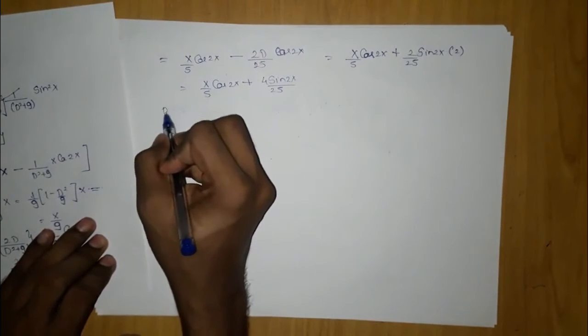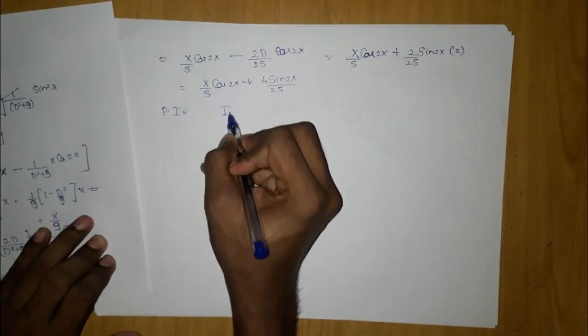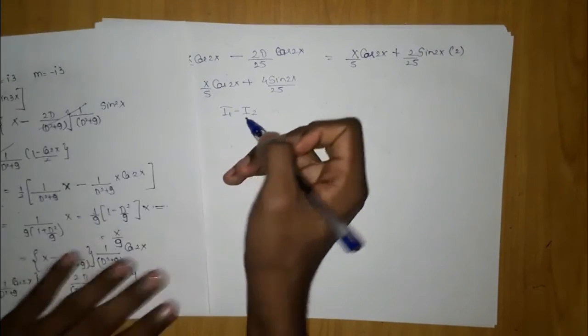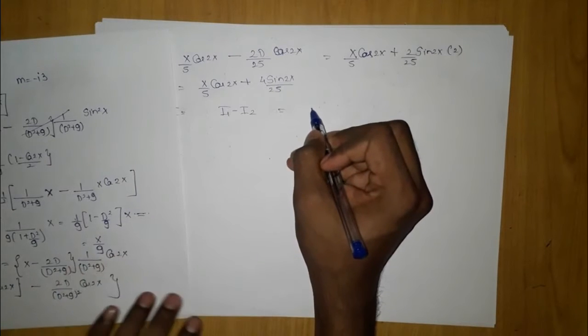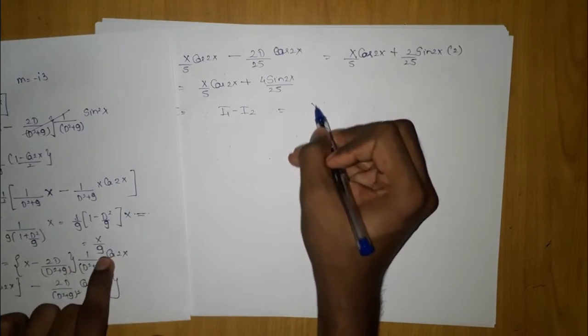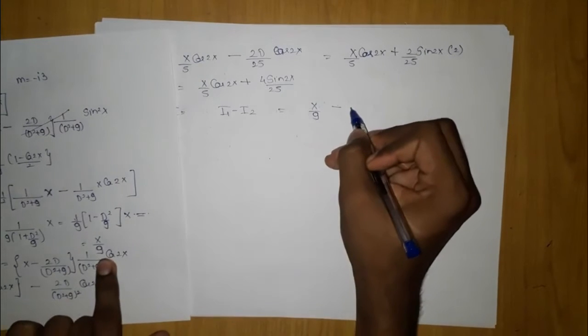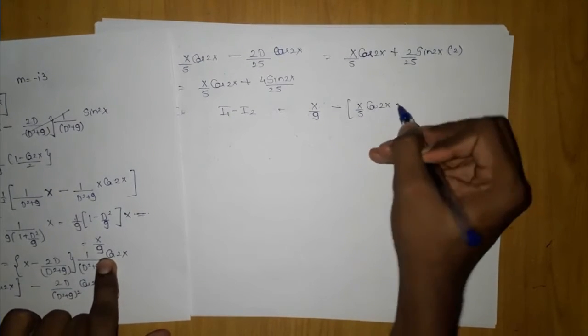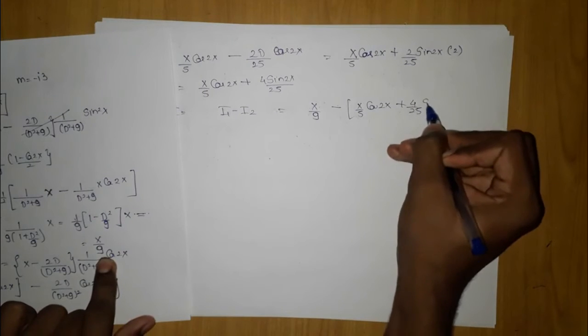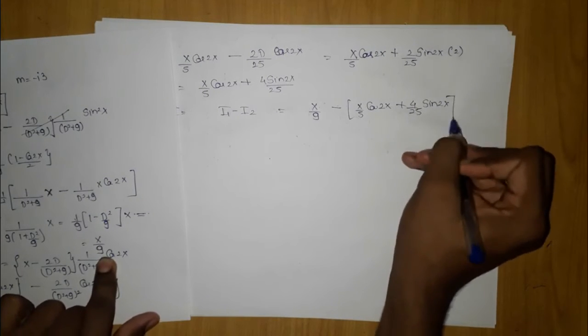So particular integral is nothing but I1 minus I2, because here the minus sign is there. So we are going to get something like I1 is x/9 minus I2, which is nothing but x/5 cos 2x plus 4/25 sin 2x.